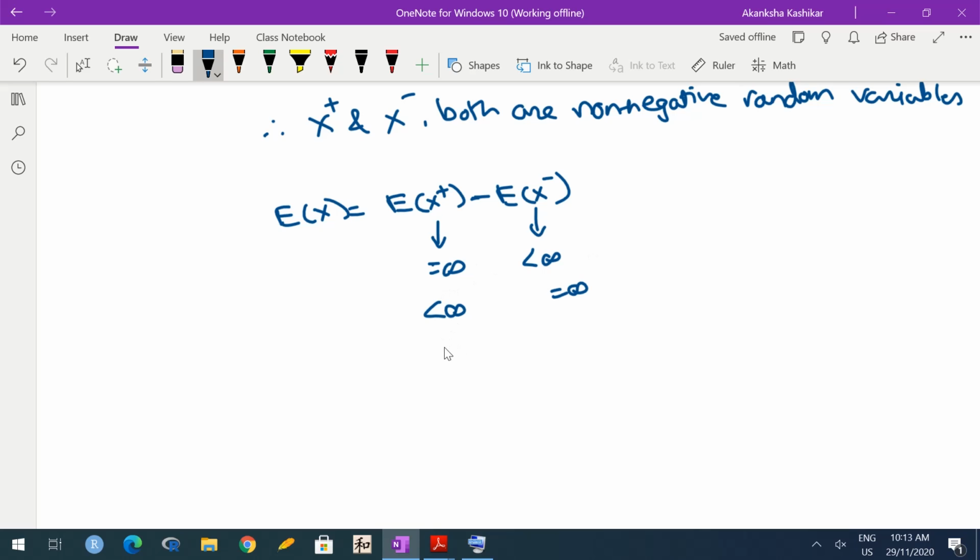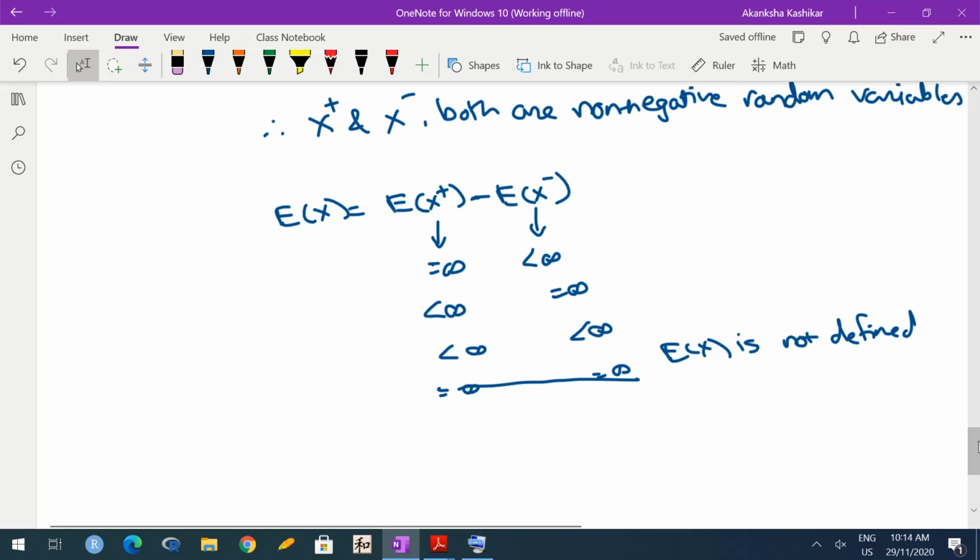Okay, and if both are finite, it's a finite thing, no problem. But if both are infinite, then we say expected x is not defined. Okay, so expected x is defined only if at least one of these two quantities is finite. If both are infinite, then we say expected x is not defined. Is it okay?